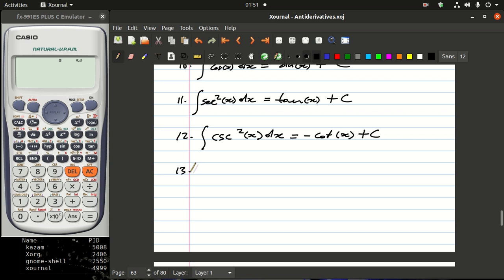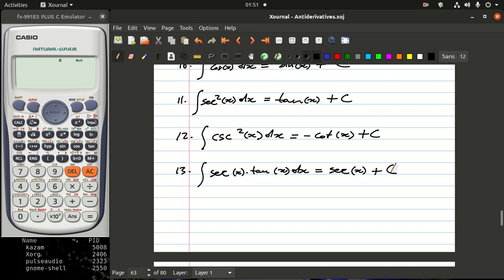And the 13th one is saying, if I want the most general antiderivative of sec of x times tan of x dx, I'm supposed to get sec of x plus a constant of integration c.